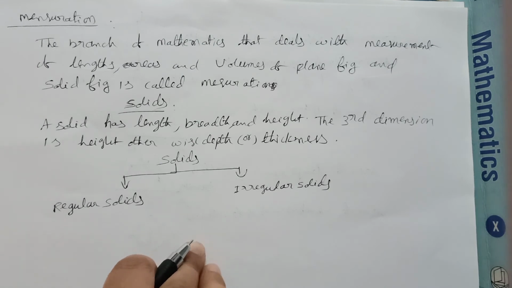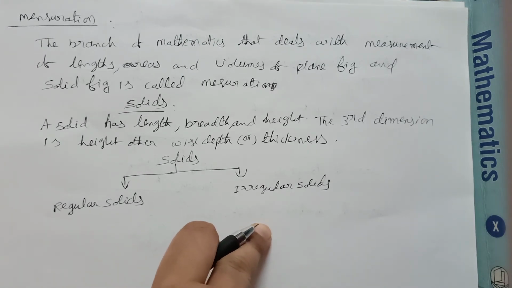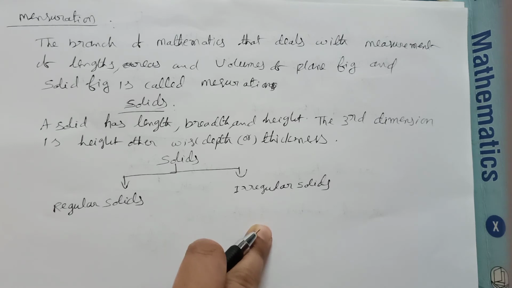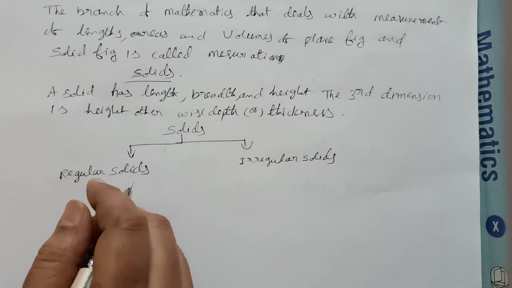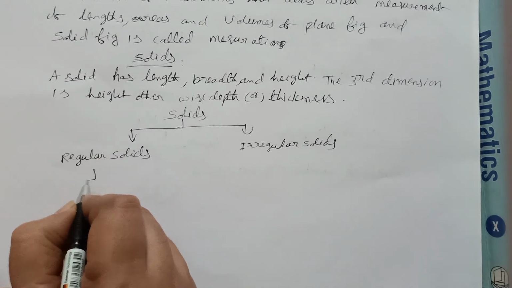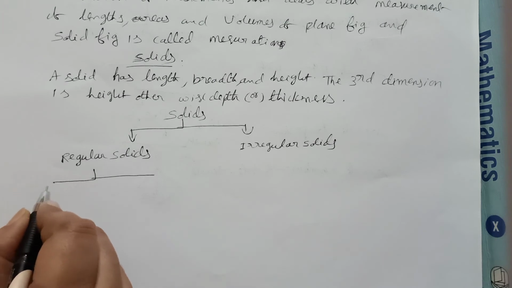Regular solid means we can say the particular shape. For irregular solids, we cannot say the particular shape. Again, the regular solids are of two types: polyhedrons and non-polyhedrons.